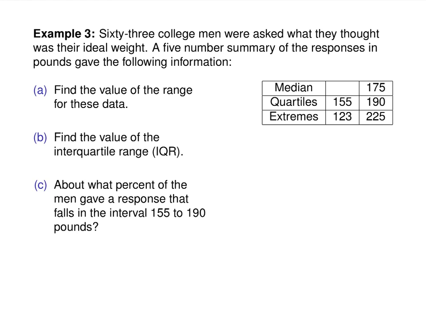To do the range, what do you subtract? Max minus the min, and the max and min are the extremes, right? The absolute lowest, absolute highest. So the range is going to be 225 minus 123, which is 102.